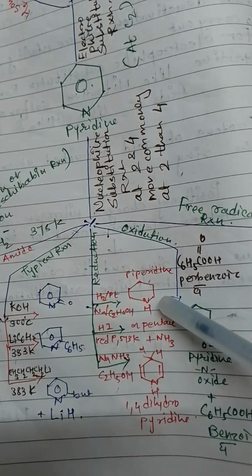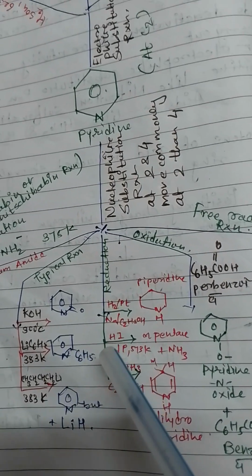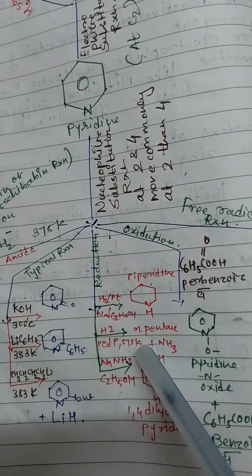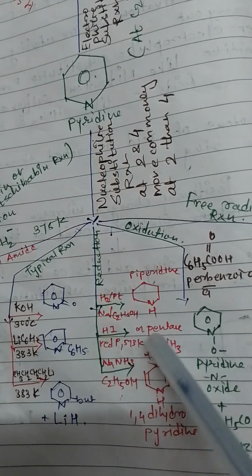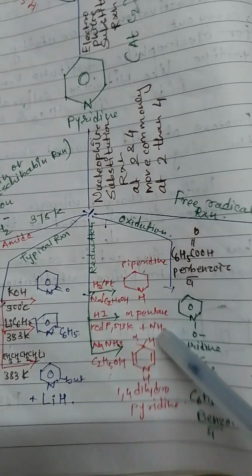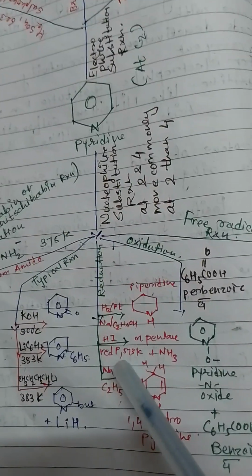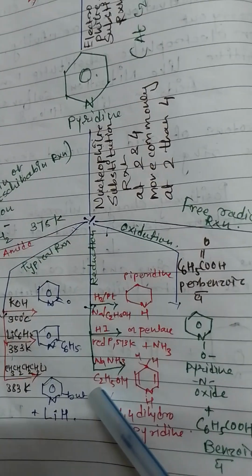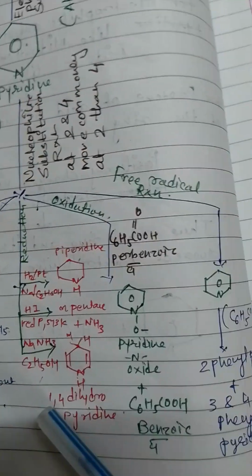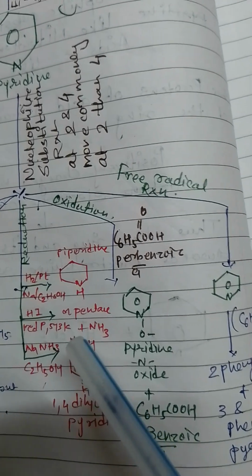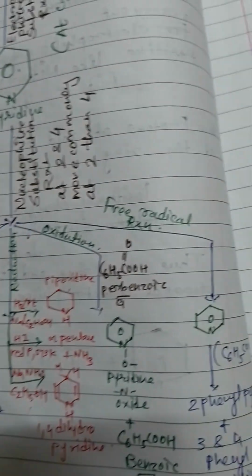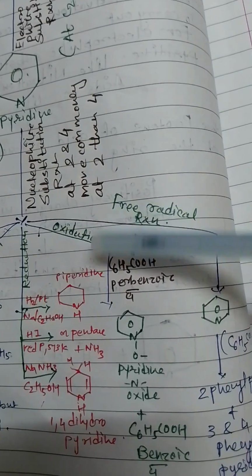That's why it is a reduction reaction. Now using HI and red phosphorus at 573 Kelvin temperature, we will get normal pentane plus NH3. In presence of sodium metal, ammonia and ethanol, we will get the product named 1,4-dihydropyridine.